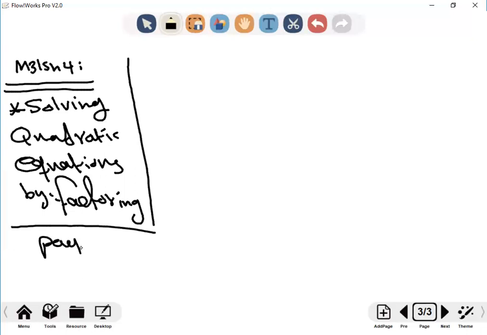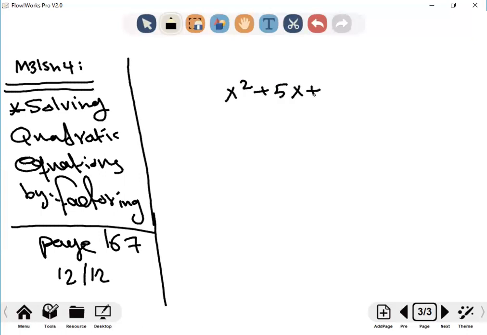We are on page 167 and today is 12 December. You took factoring before, right? How do you factor x squared plus 5x plus 6? How do you factor?